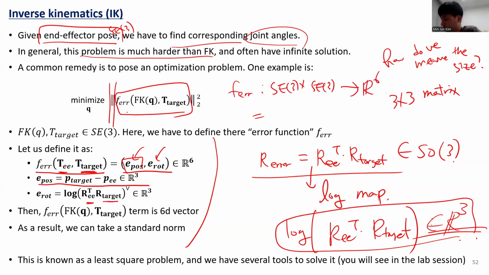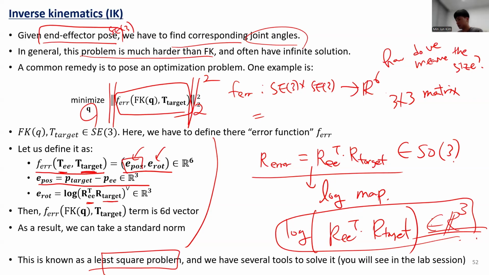So at the end, you can take the standard vector norm, and we are going to minimize this objective with respect to joint angles. That's called a least squares problem. And we have several off-the-shelf tools to solve this problem. And I think you will see them in the lab session.